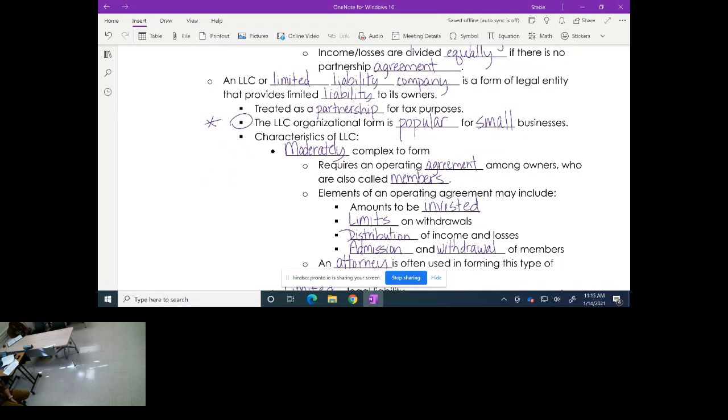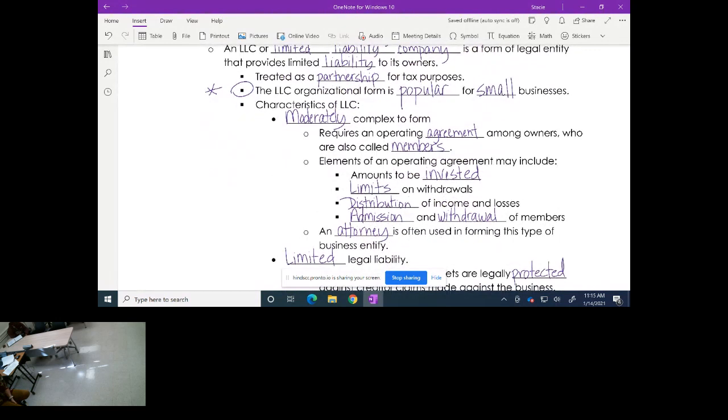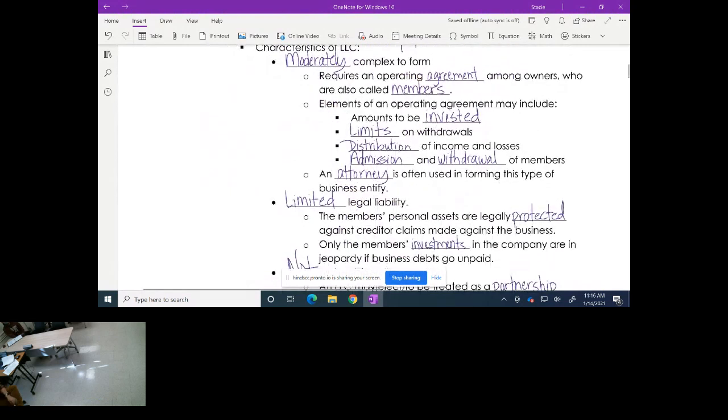So the LLC, because of that, is popular. It's still moderately complex to form. You have to have an operating agreement, and instead of partners, the owners are called members. All right, so same elements in the operating agreement that were in the partnership agreement.